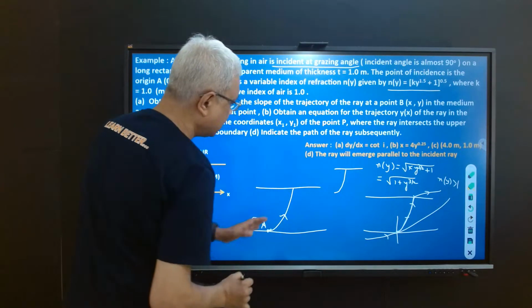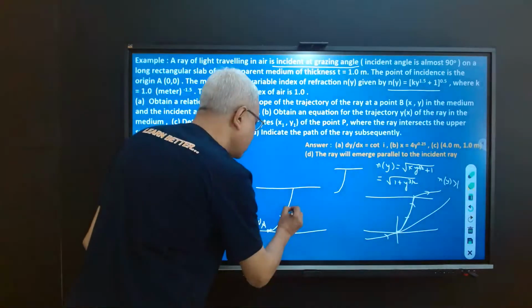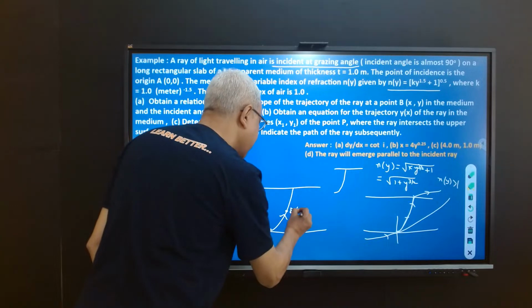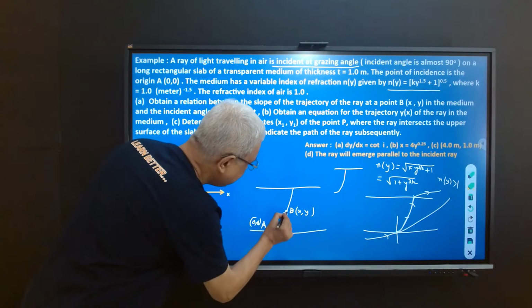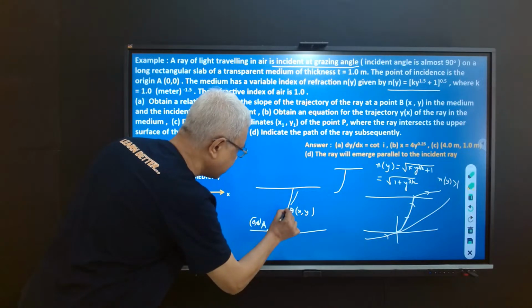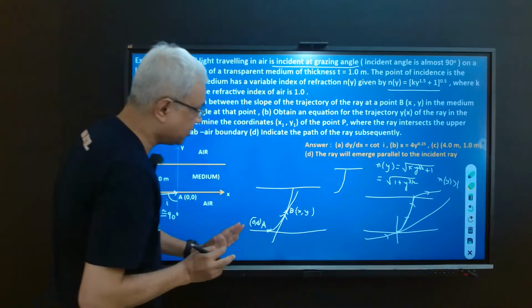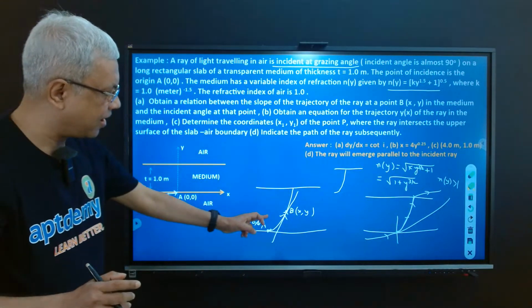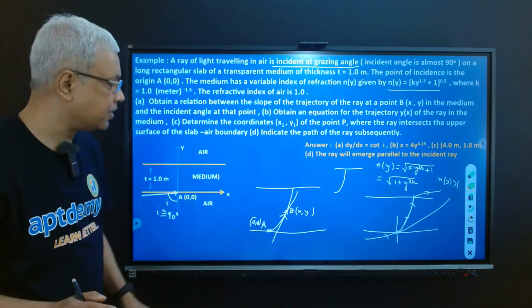The ray moves like this. Now at the point B, whose coordinate is (x, y), if you draw a tangent, then the direction of the tangent indicates the direction of the incident ray at the point B.